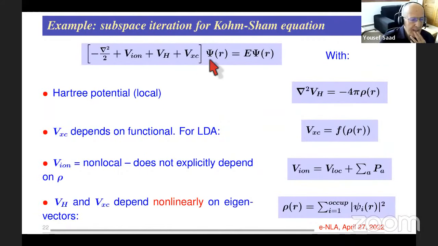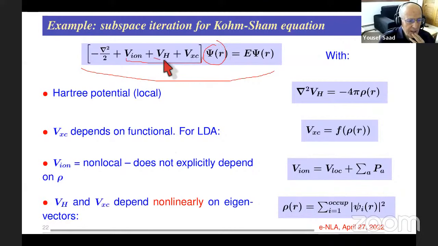So let me discuss one particular viewpoint where looking at subspace iteration from the point of view of invariant subspaces is important. Some of you know about the Kohn-Sham equation, where you have an eigenvalue problem, and the potential depends essentially on the eigenvectors.